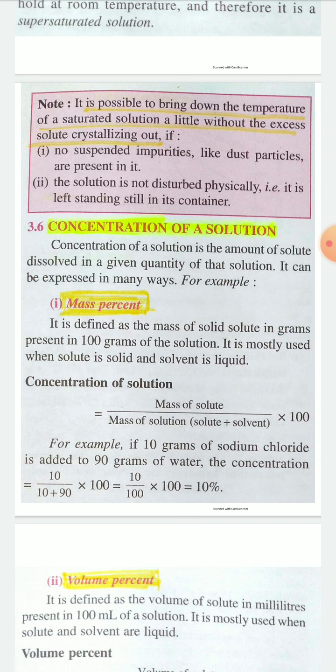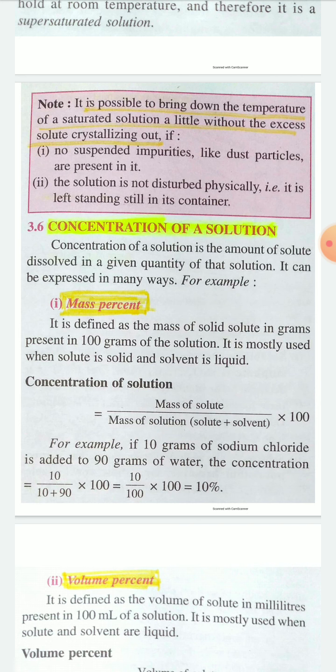Mass of NaCl is 10 gram, and mass of solution is 90 plus 10. So the concentration is 10 divided by 10 plus 90, into 100, that is 10 by 100 into 100, that is 10%.